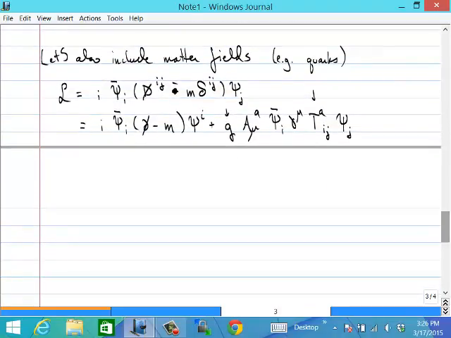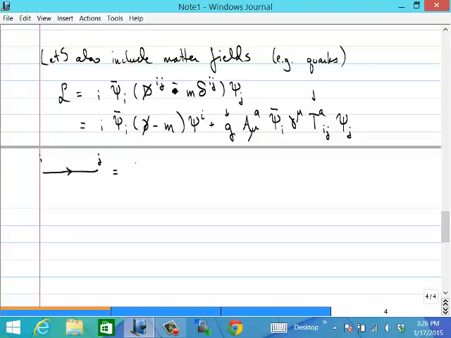Okay, so now it's straightforward to go ahead and write out the Feynman rules involving this Dirac field. So here the propagator is just the usual propagator of a Dirac field. I just need to take into account the fact that I now have an extra index that labels the different fields in this representation.